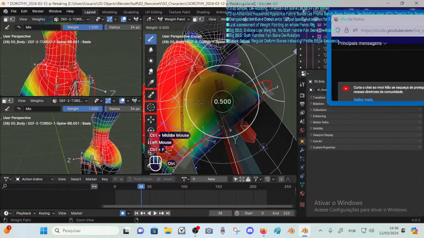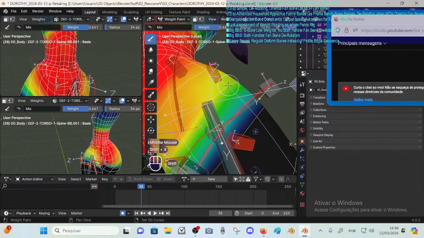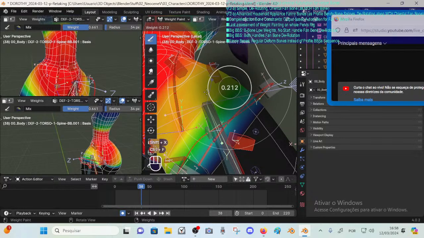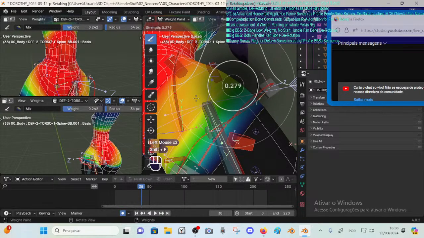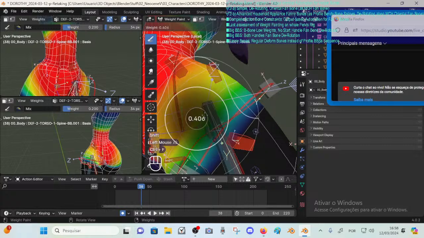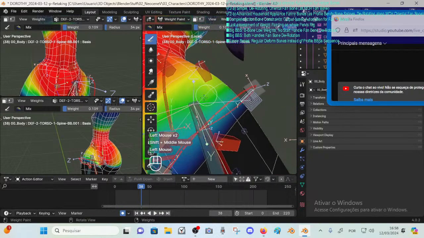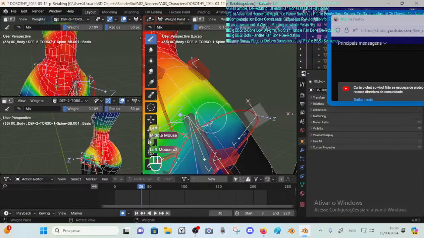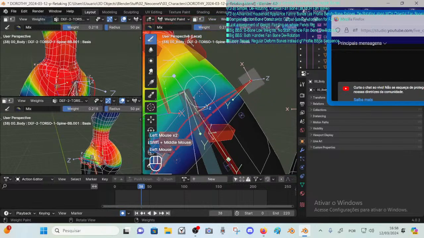Currently Shift X is 0.6, it's a lot, and maybe it doesn't need to be that much, so let's bring that to something like 0.2, right? Let's see.